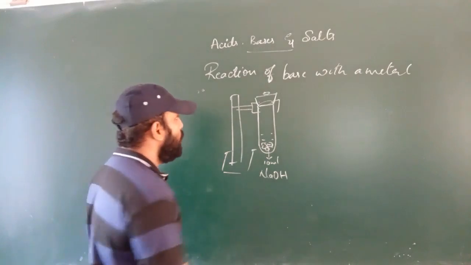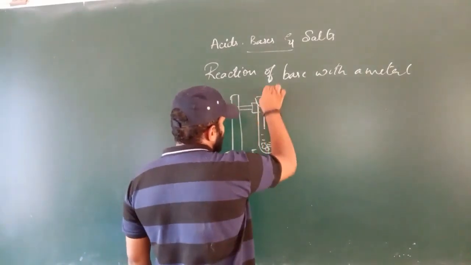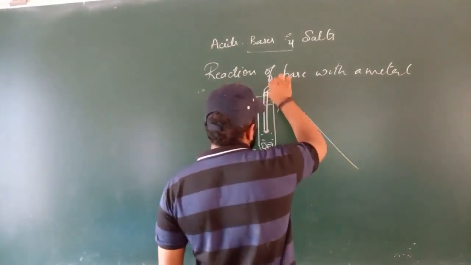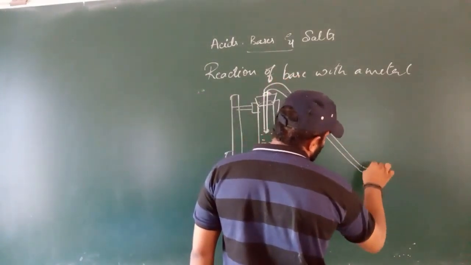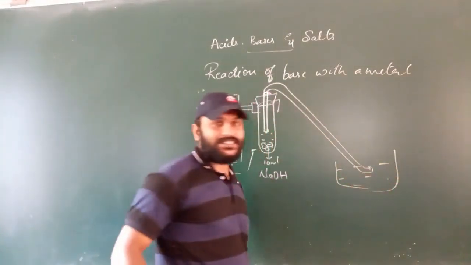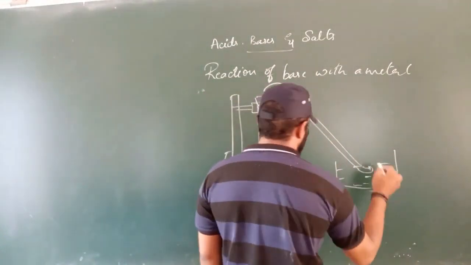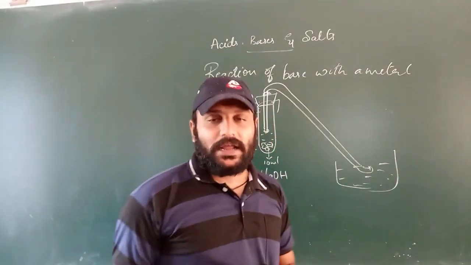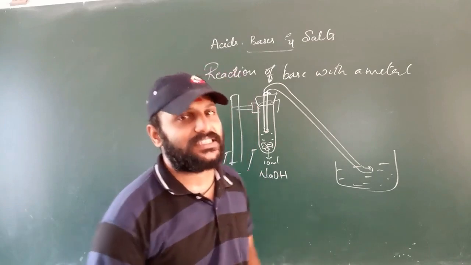Now I will place one delivery tube, one end into the test tube, and the other end of the delivery tube I will place in a glass trough which contains soap water. As I said, many bases will not react with the metal, only a few bases react with the metal.